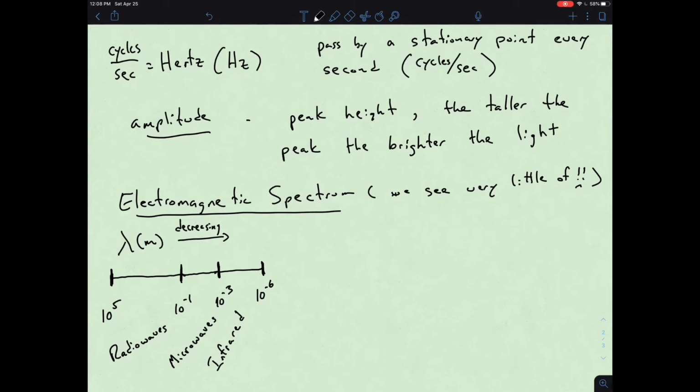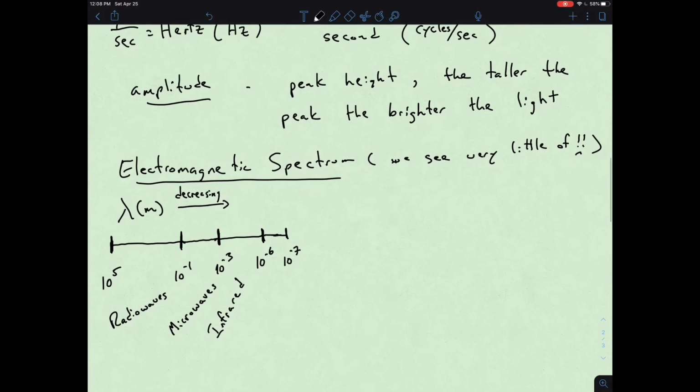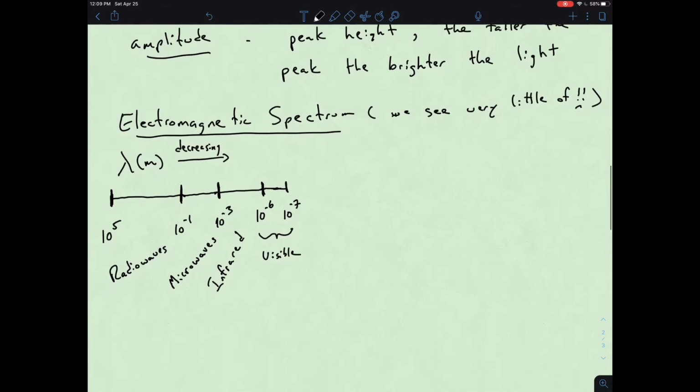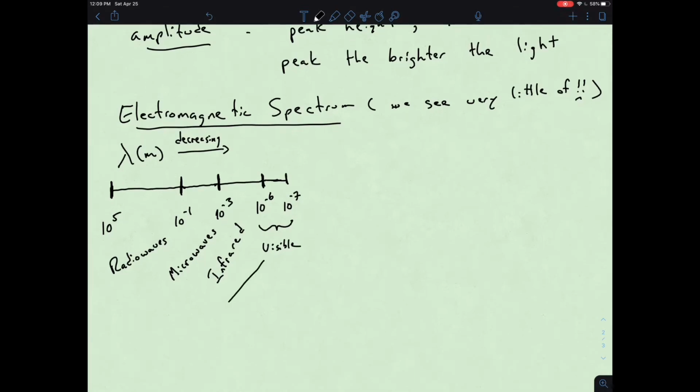Then continuing forth, we're right around 10 to the negative 6, and this really small window, between 10 to the minus 6 and 10 to the minus 7, is actually where we have our visible region. That expands into the different colors that we have.